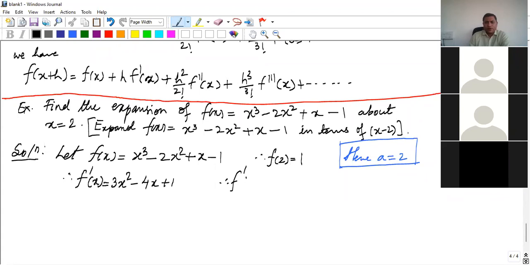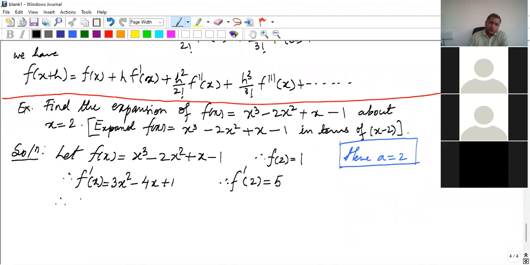And again, we have to find the value of this derivative at 2. So what is the value of this derivative at 2? 12 minus 8 plus 1. So this is going to be 5.